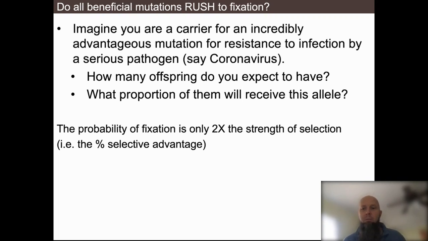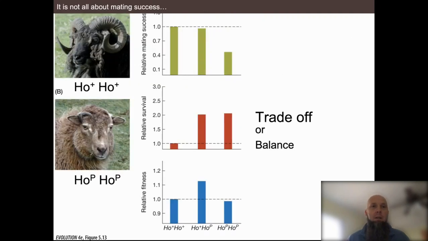We don't have that mutation any longer. So there are instances where beneficial mutations aren't enough, and they may not ever reach fixation in a population just due to the dynamics of reproductive success and the passing on of alleles.